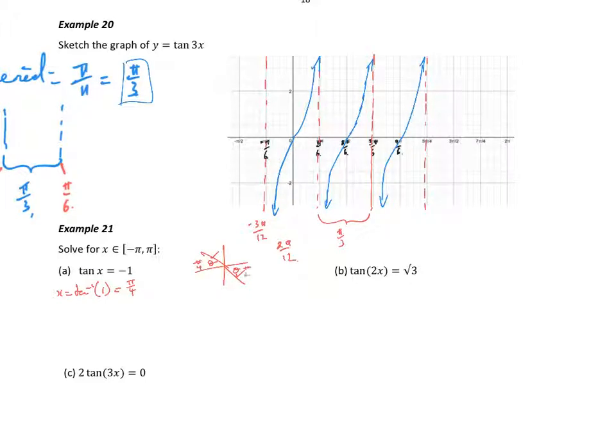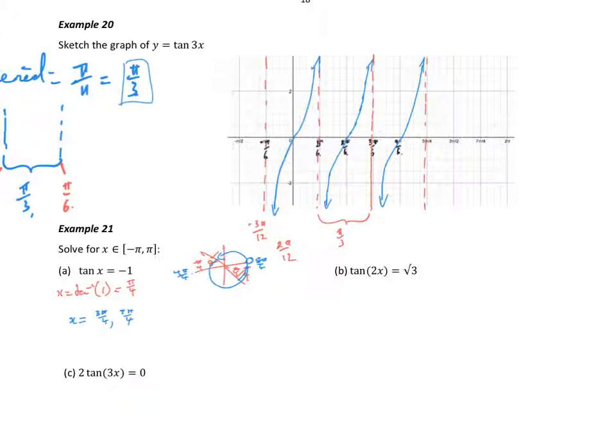Let's get our first solutions. So let's just start at 0. That's 4 pi on 4 around to pi, 8 pi on 4 there. So my first solutions for x are equal to 3 pi on 4 and all the way around to 7 pi on 4.